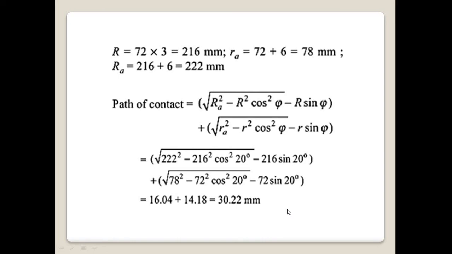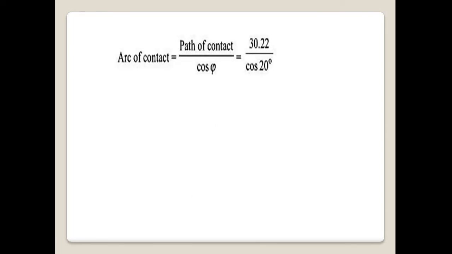Now next we are going to find the arc of contact. What is the formula to find the arc of contact? We already saw in the derivation that the arc of contact is related to the path of contact. The arc of contact is equal to the path of contact divided by cos of phi.